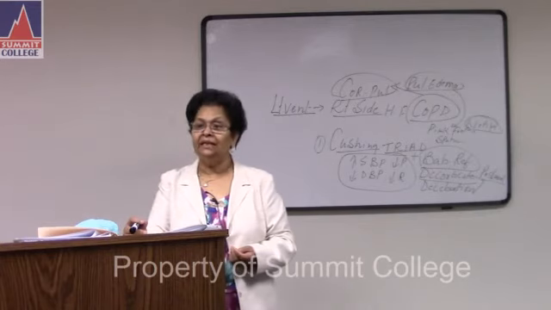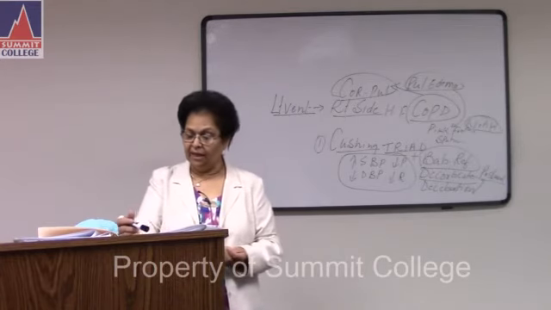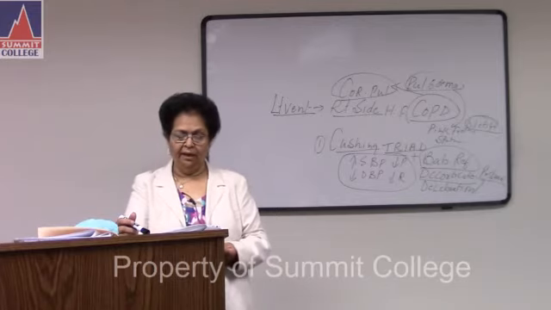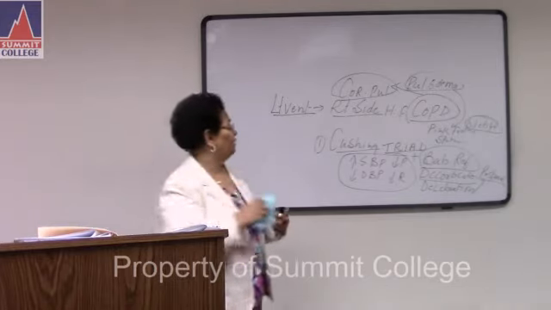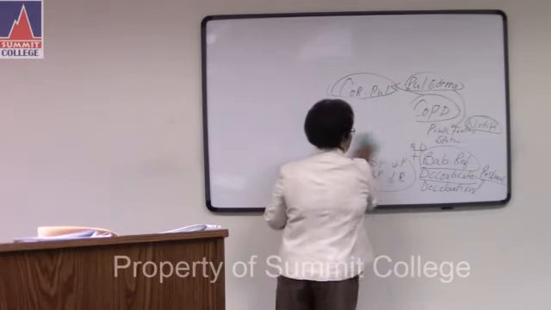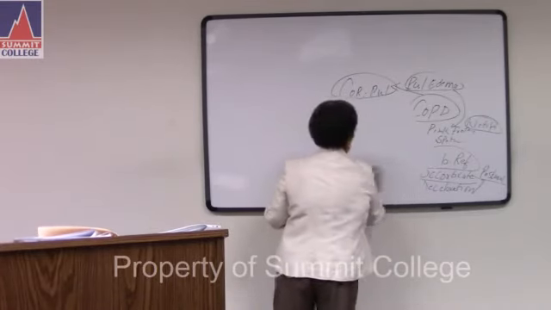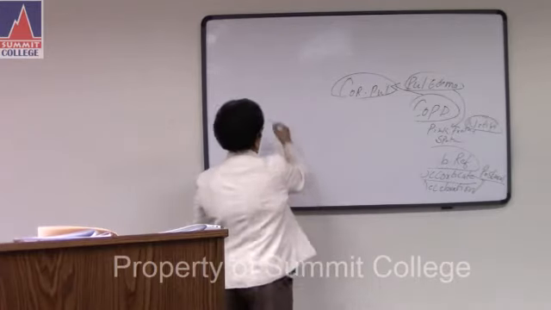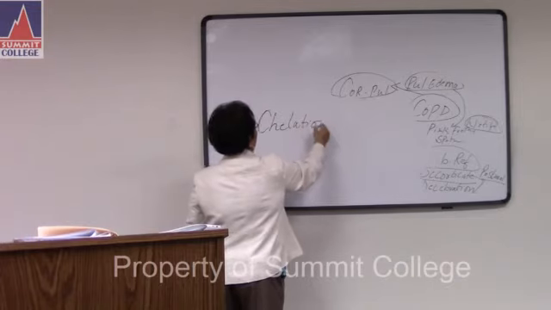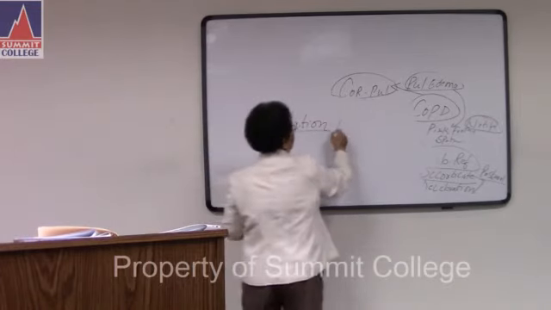What can lead poisoning lead to? Paralysis, blindness, mental retardation. If there is any question on lead poisoning, how do you treat the child? The word is chelation therapy. Write down the word. How do you remove the lead? Chelation therapy.